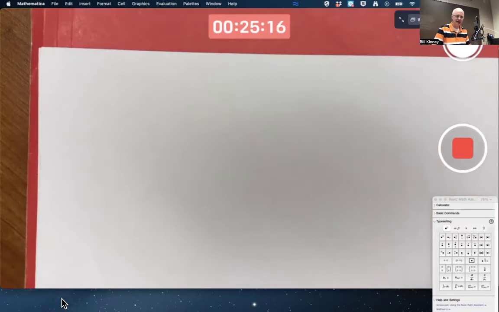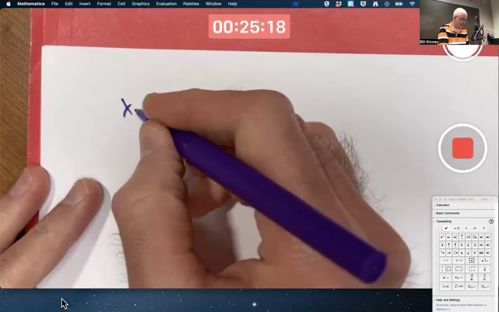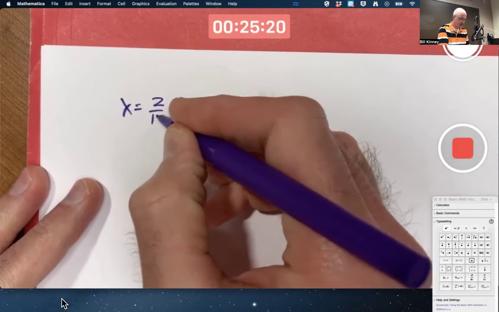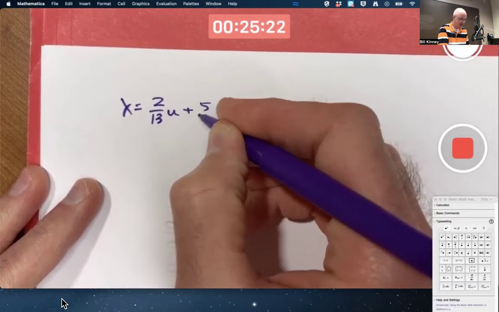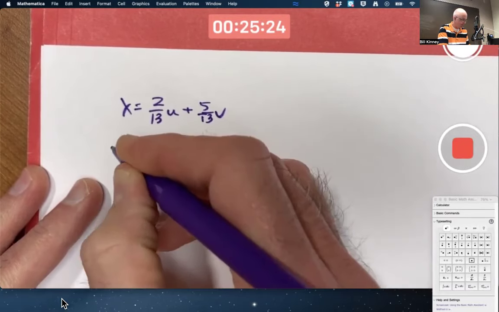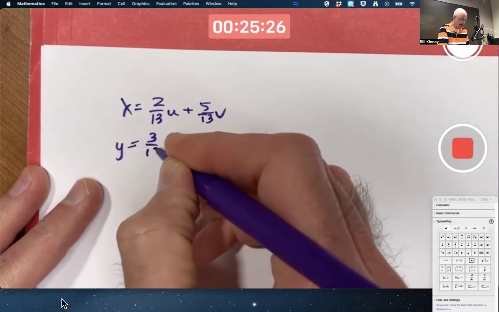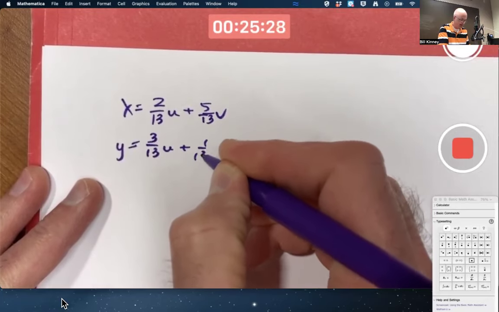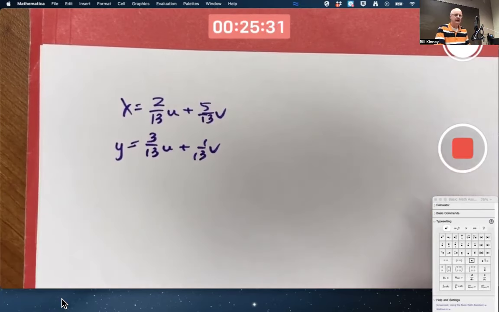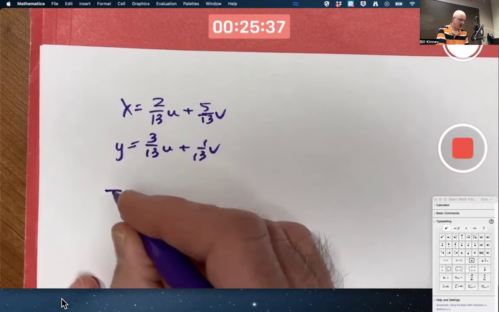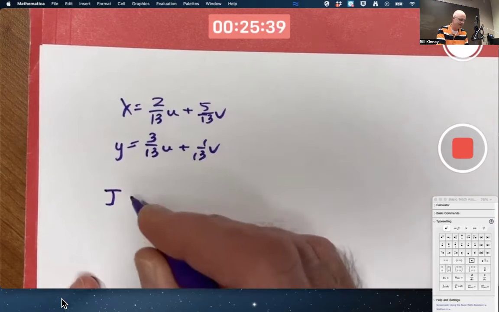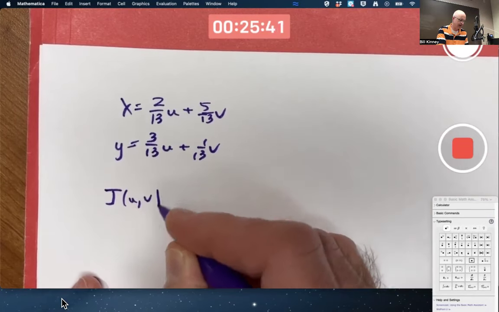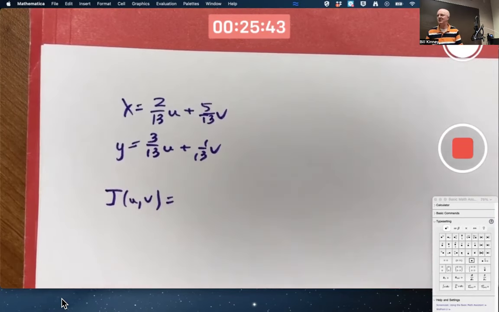So again, this inverse transformation is x equals 2/13 u plus 5/13 v, y equals 3/13 u plus 1/13 v. The Jacobian matrix J of uv is a 2 by 2 matrix of partial derivatives.